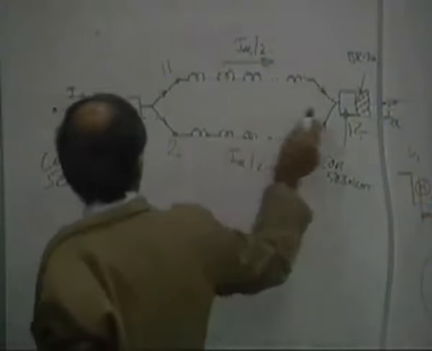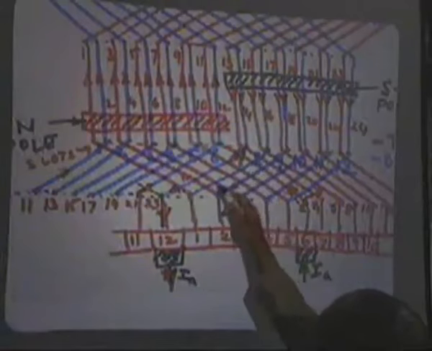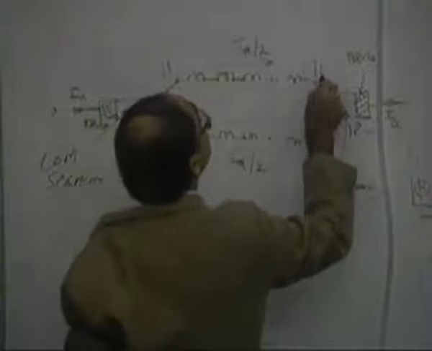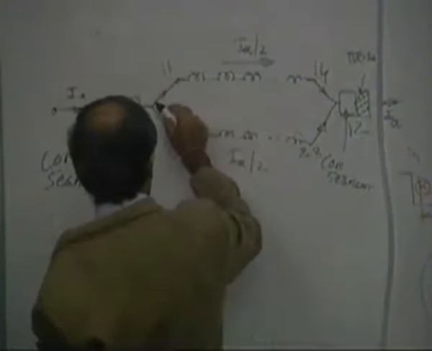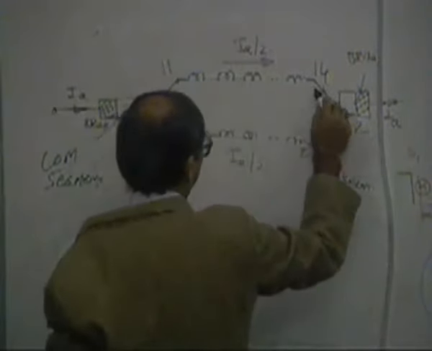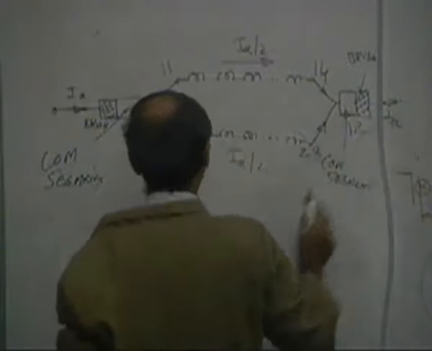And then it traverses the route and comes out in commutator segment 12, where it is coming out through coil side 14 and 23. So, you will see that entering through coil side 11 and after all the traversing it comes out like this and then it goes through these commutator segments and comes out through the brush.